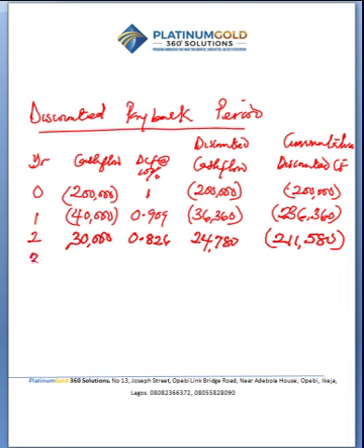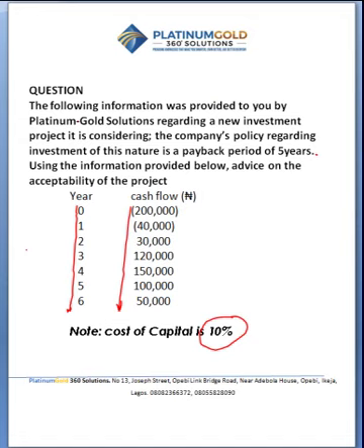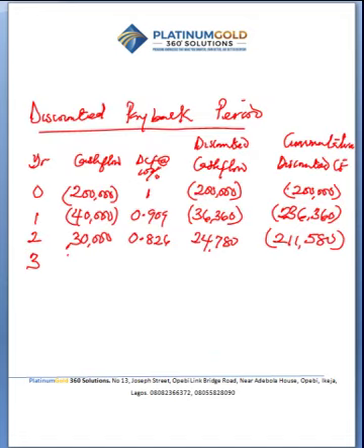Then in year 3, the company made 120,000. Discount factor 0.751. If we multiply 120,000 by 0.751, we have 90,120.